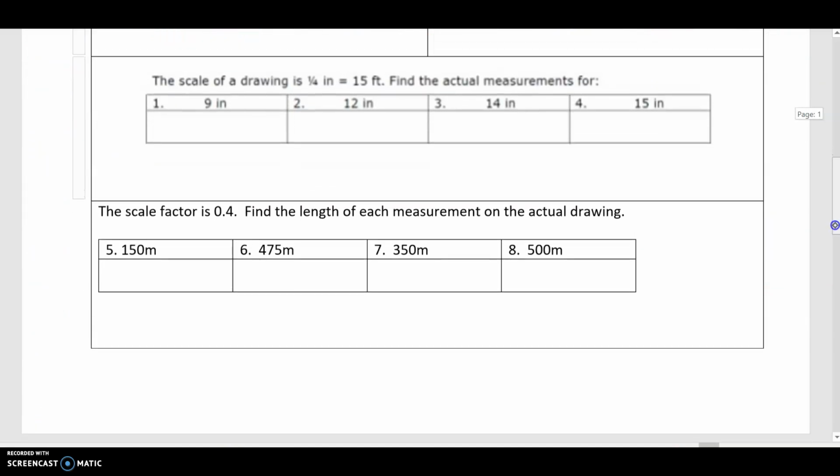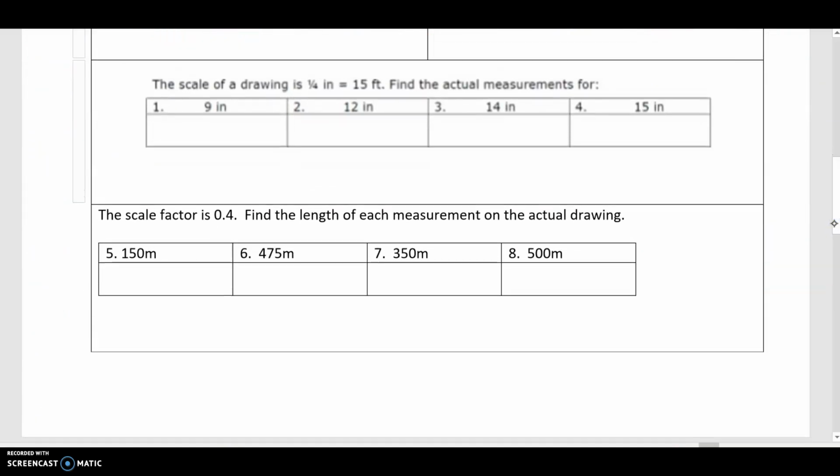So down here, you guys have some practice problems. The first set gives you a scale drawing is 1/4 inch equals 15 feet. You're gonna find the actual measurements. So we're going to set up a proportion when we're given a scale for each of these problems. And it says 1/4 inch is equal to 15 feet.